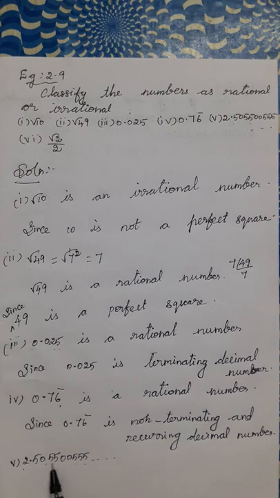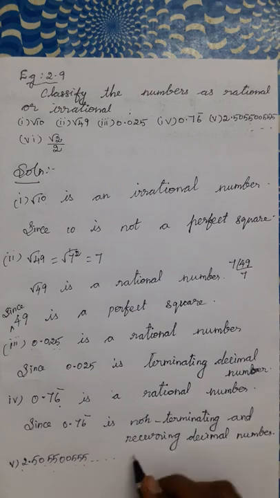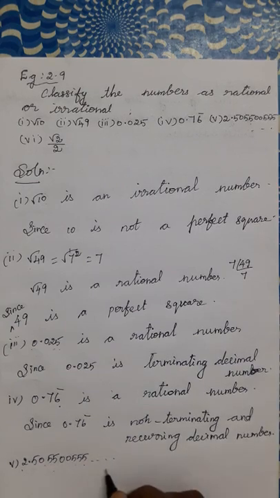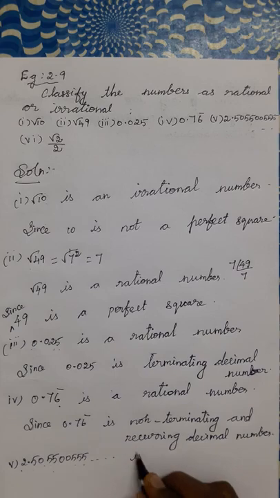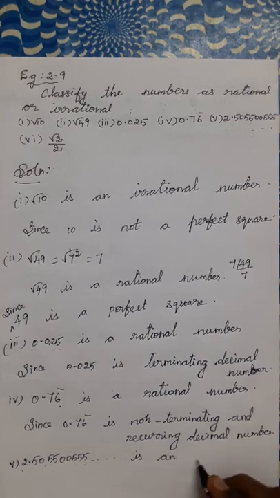Now it is a non-terminating and non-recurring decimal number. Therefore it is an irrational number.